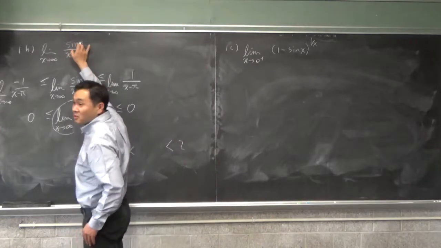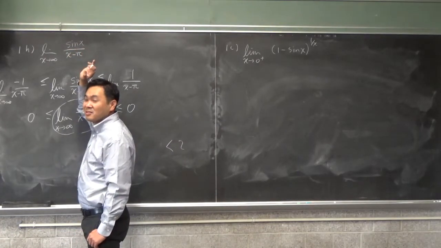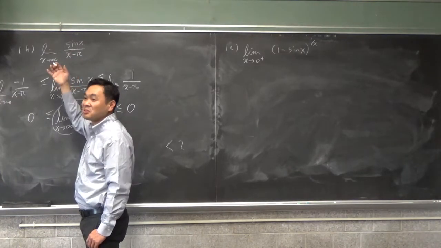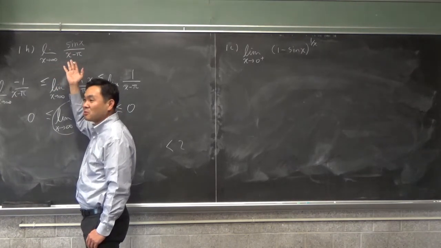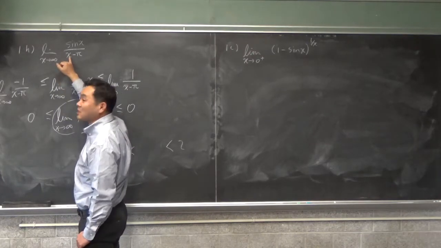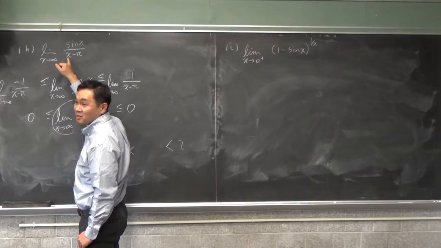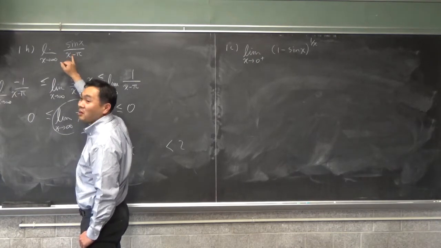What's sine of a million? It's not 0. It's some value between negative 1 and 1, right? You're always going to be dividing that by about a million. Million minus pi is about a million, right? So what's happening? The closer the bottom gets to infinity, the closer the whole thing is to 0.